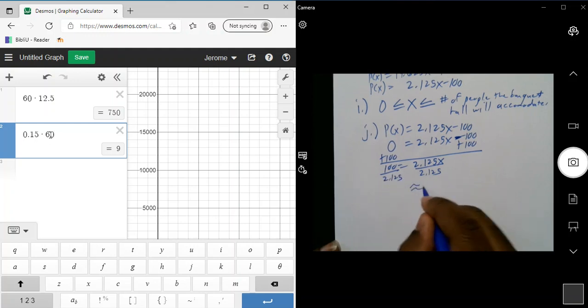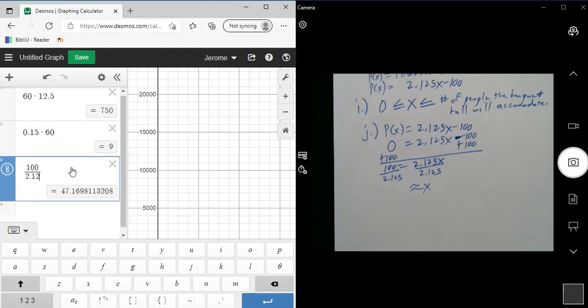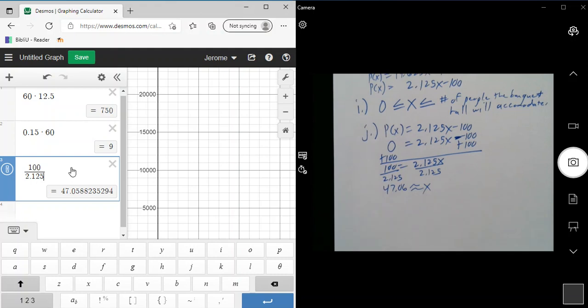And we know this will be an approximation, most likely. So we would take 100 divided by 2.125. And that'll be approximately 47.06. Now, we cannot have 0.06 of a person.